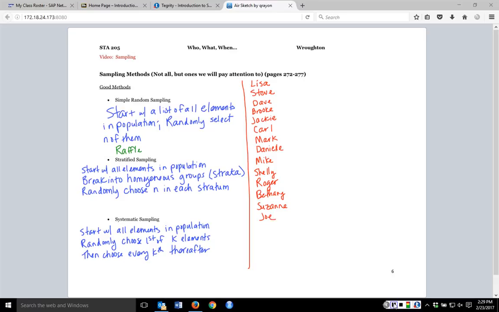And I'm also going to go ahead and assign them each a number. So I'm just going to list them in the order I have here.